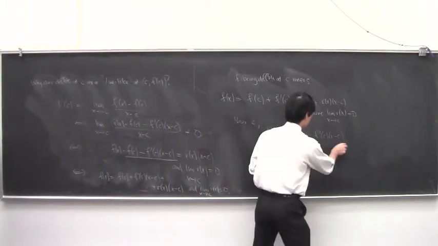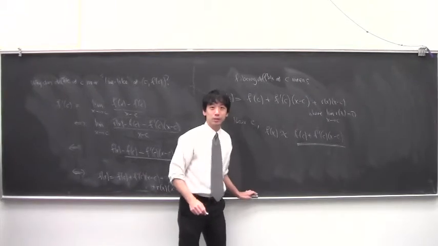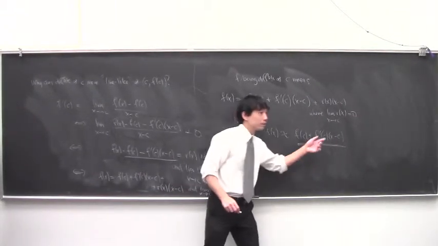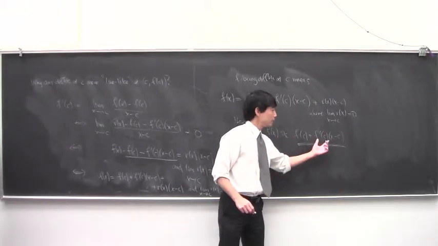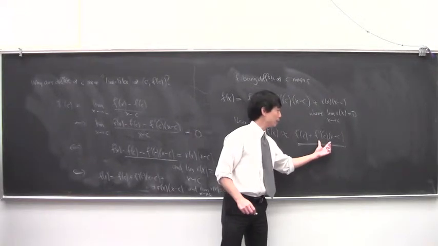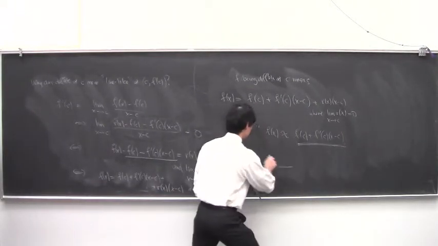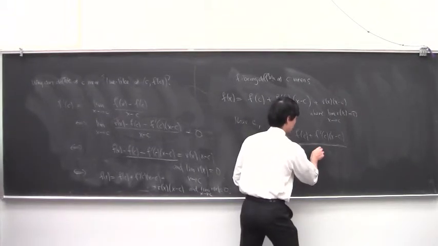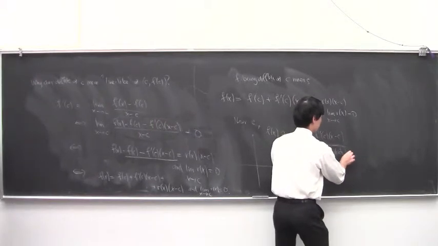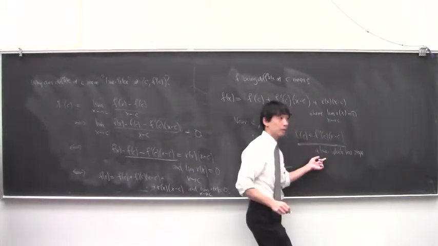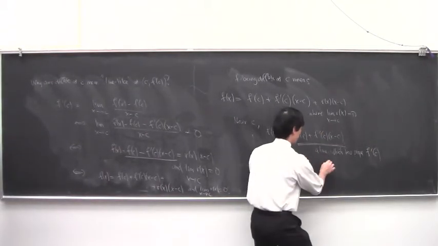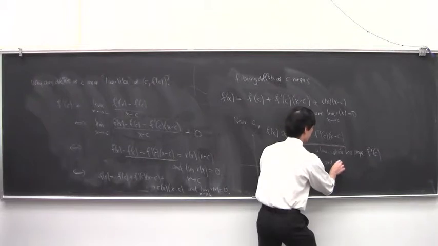What is this thing here? Does anyone recognize this? Can anyone figure out what this is? It's a line. This is a line, right? This thing here is a line, which has slope what? What's the slope? F prime c. And passes through.